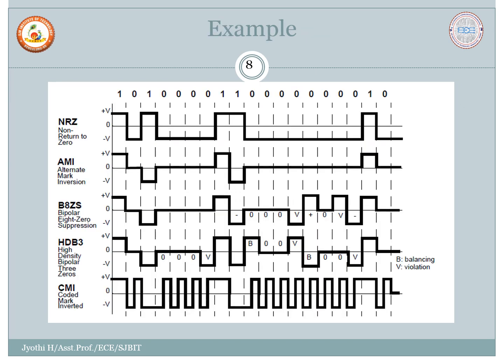Okay, so this is the waveform, that is, how the polarity of the signal can be represented. This example is 101, 4 zeros, double 1, followed by 8 zeros and 1.